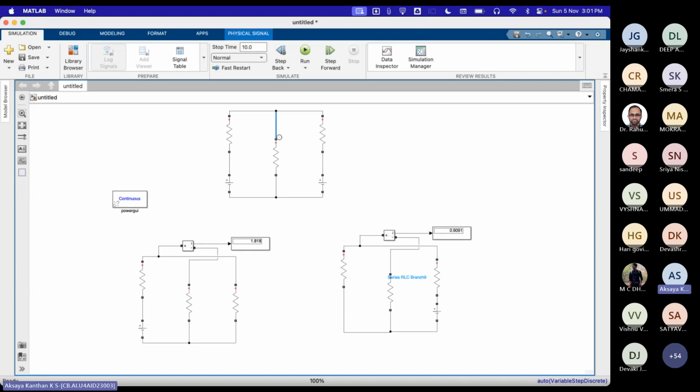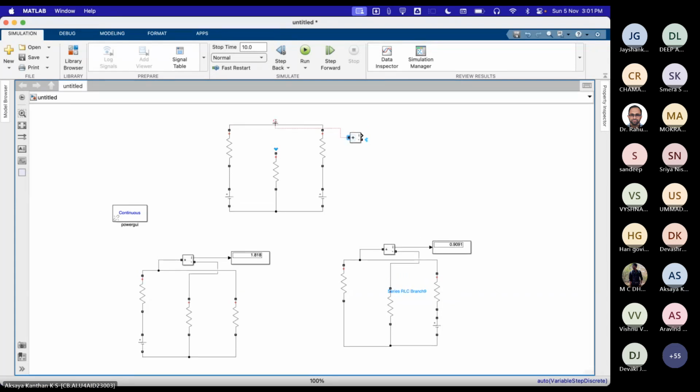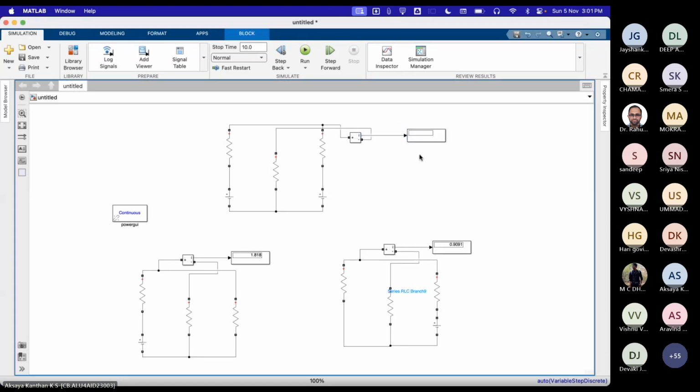To verify this, I'm going to connect a current measurement in this terminal, the main circuit, and put it into a display. So, run.